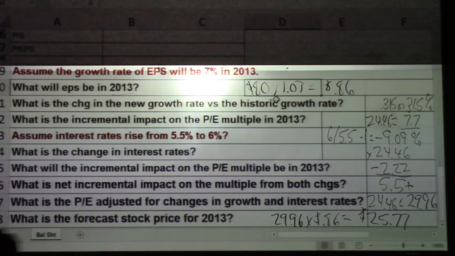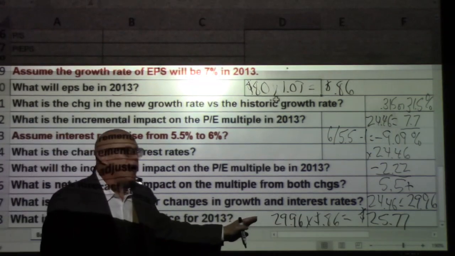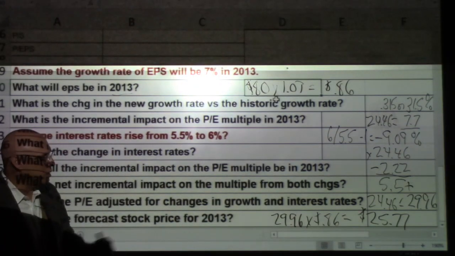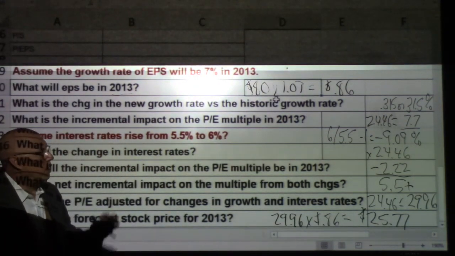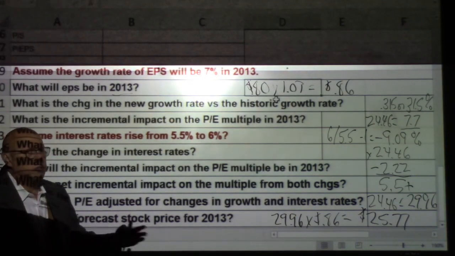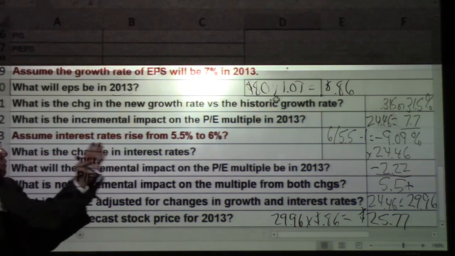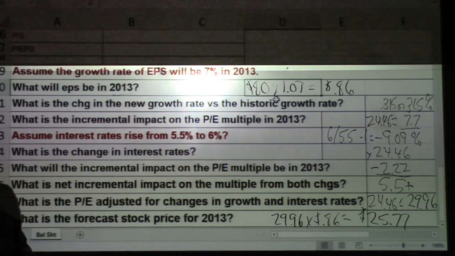And you really don't know the real value until you get 3 or 4 or 5 years down the road, and you have the actual results that confirm whether your forecast was correct. So I don't want you to get the sense that this is an exact science. It is not. Business is full of risk and uncertainty, but there are standard techniques that we use, and this is a standard approach.